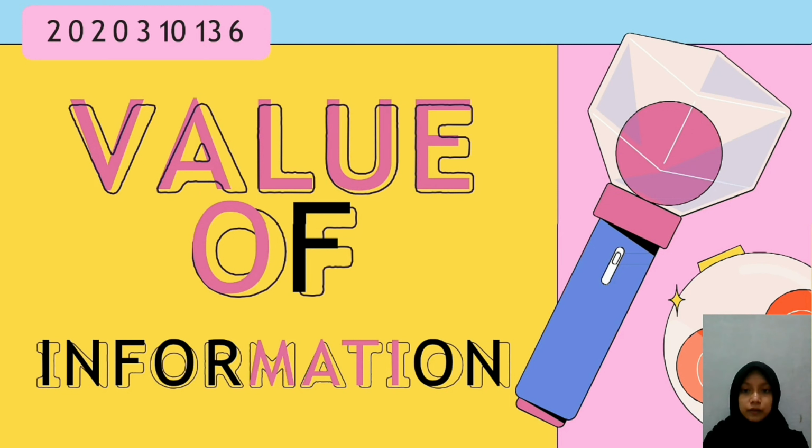Value of information. The value of information is the benefit produced by the information minus the cost of processing it. Benefits of information include reduced uncertainty, improved decisions, and improved ability to plan and schedule activities. The costs include the time and resources spent to produce and distribute the information.